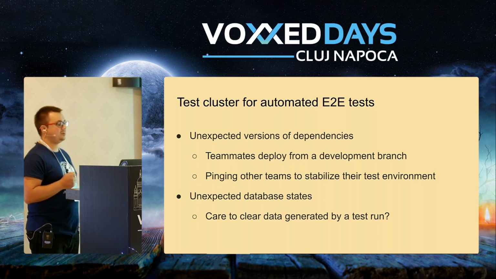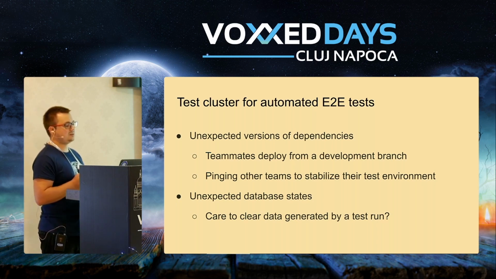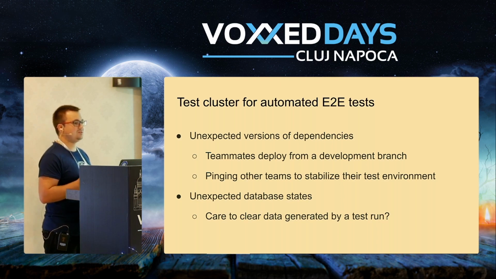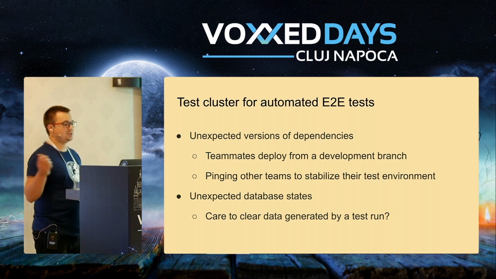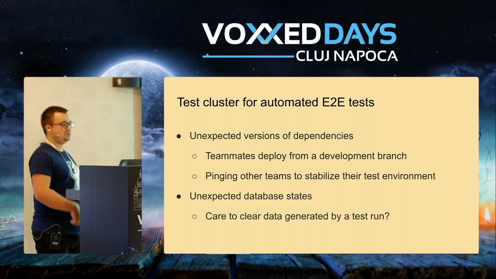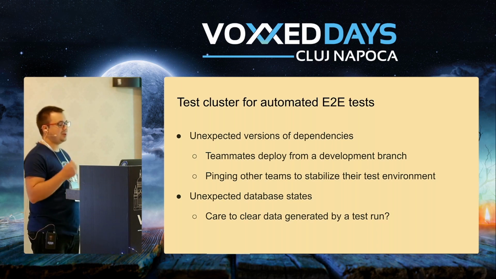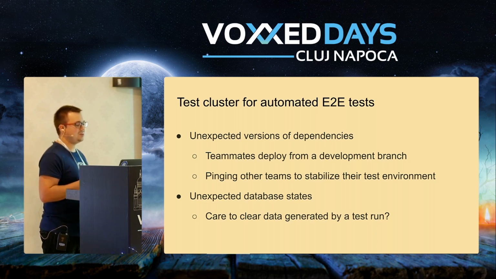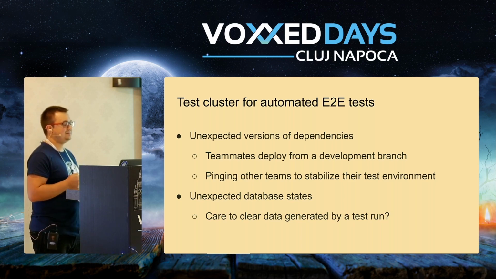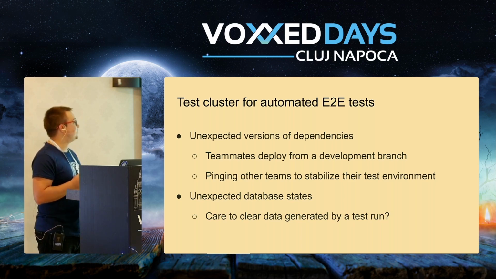One of the problems is that you get an unexpected version of some dependency services. For example, you deploy a new version of your service and test against it, but at the same time, some of your teammates deploy one of your dependencies from a development branch to do some manual testing. Then your test fails and you don't know why, and you have to investigate.